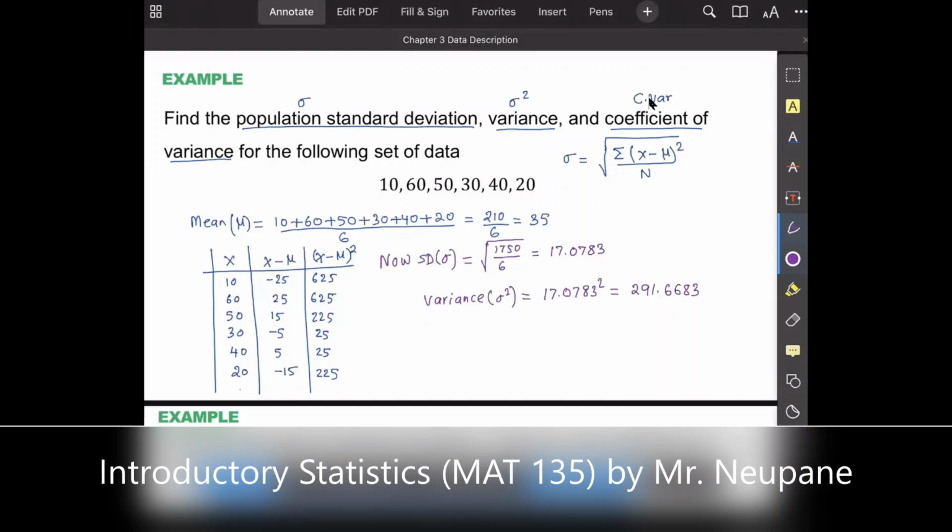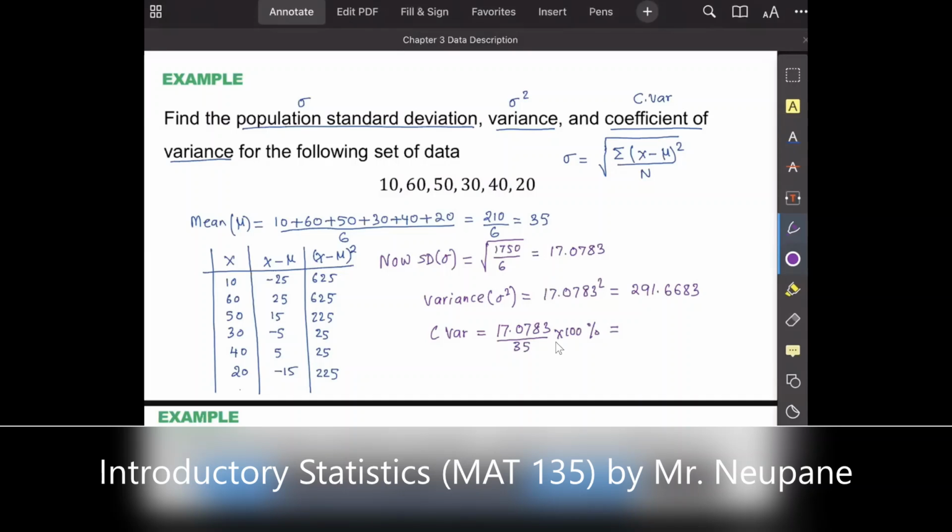Now, the next one, we need the coefficient of variance. How do we find the coefficient of variance? What was the formula? Coefficient of variance is equal to standard deviation by mean. So standard deviation is 17.0783 divided by mean. We got the mean here, that was 35. And multiply that by 100 to get this in percentage.